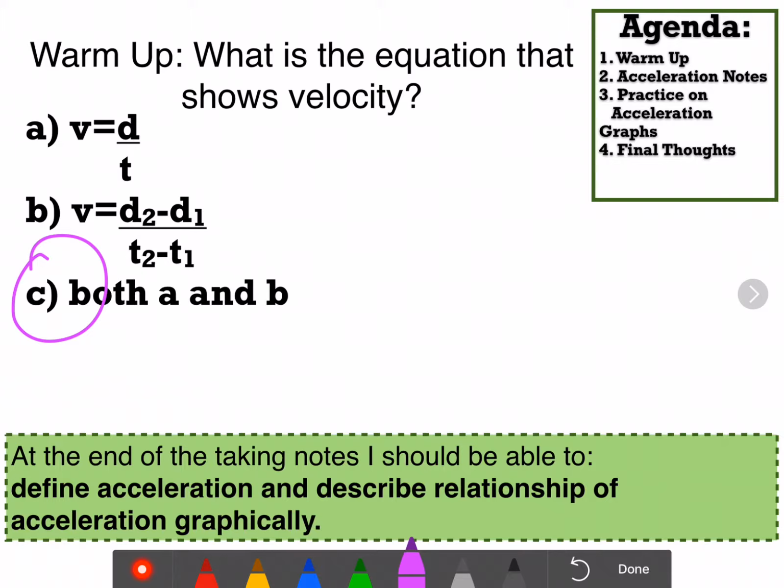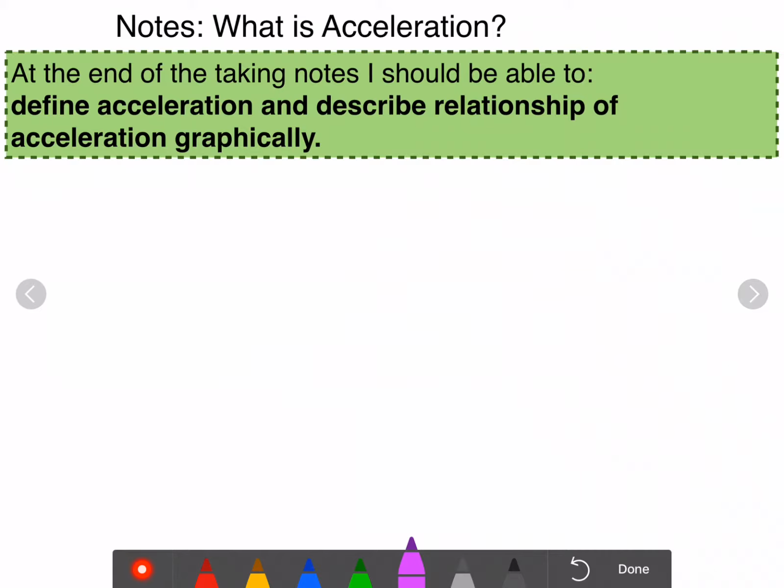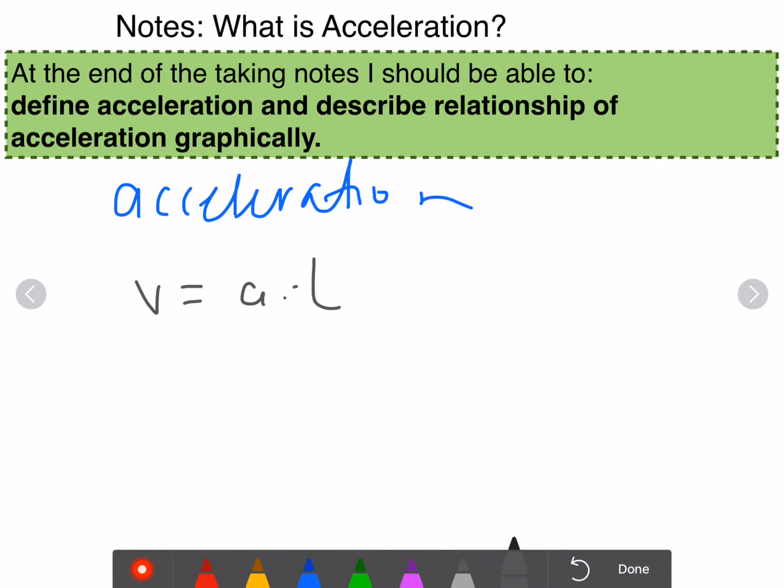So that's our warm-up. At the end of taking notes for this lesson, we want to be able to find acceleration, and find the relationship between acceleration graphically. So first, let's briefly talk about acceleration and how we end up finding it. The first equation is v is equal to a times t.